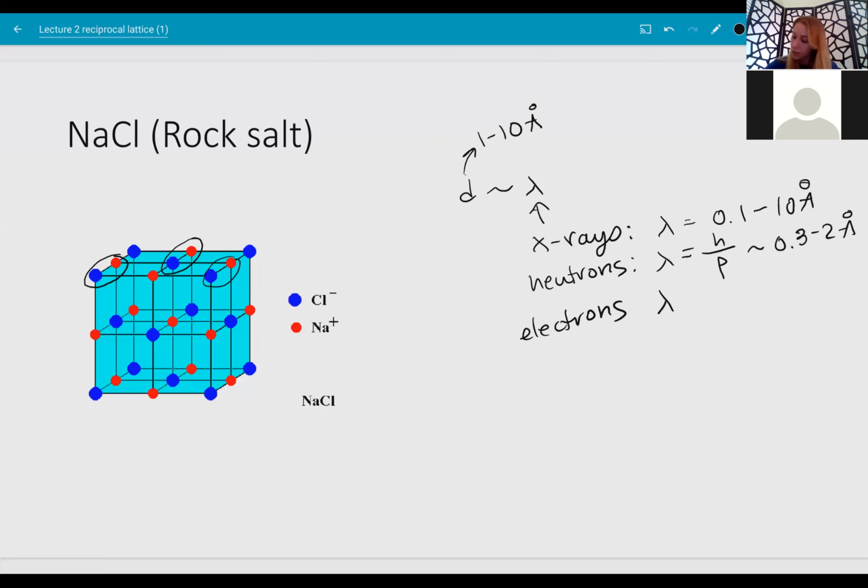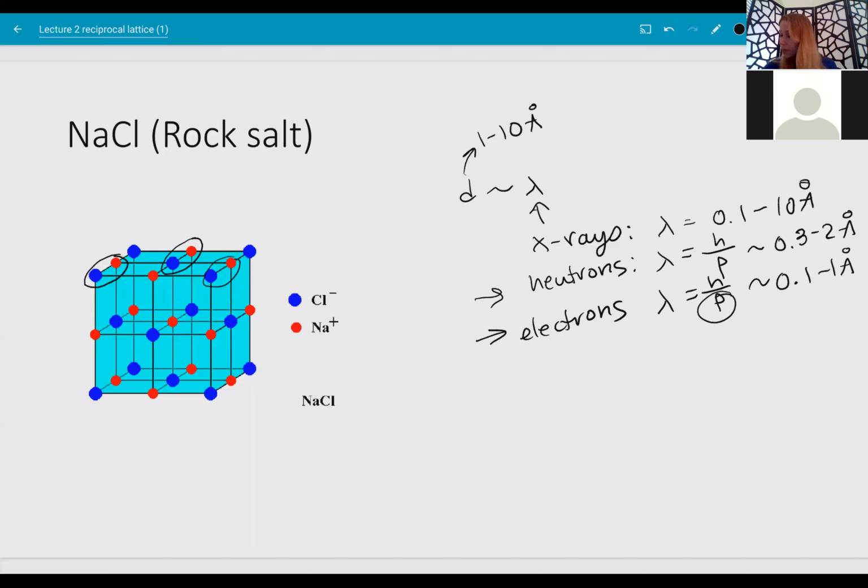Same idea, you use the de Broglie wavelength, and you can get roughly 0.121 angstrom for electrons. For these two wave-like particles, the momentum is controlled in order to achieve the desired de Broglie wavelength of the experiment.